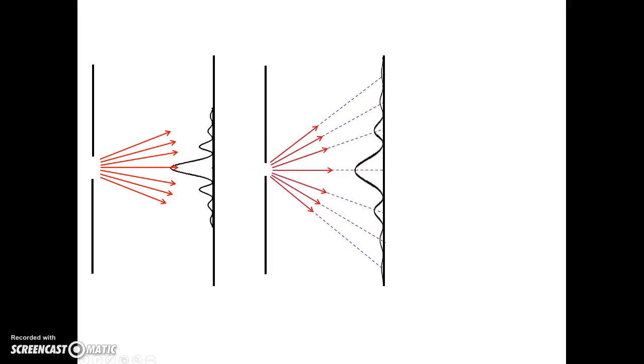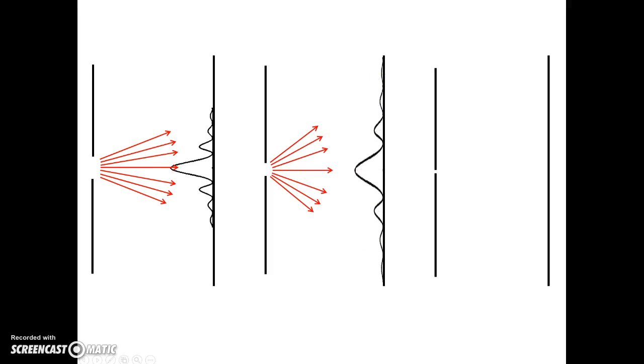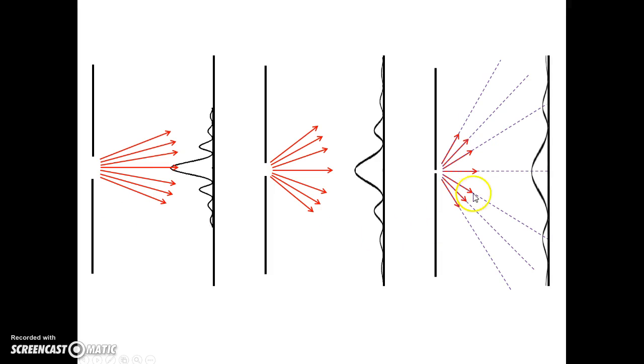And the graph then is spread out, like this. Finally, with a really narrow slit, you send light through, and there's a lot of spreading out. But if we extend these arrows back, we could mark the location of the peaks. This is the most intense spot, directly behind the slit, and then right here, there's another peak.